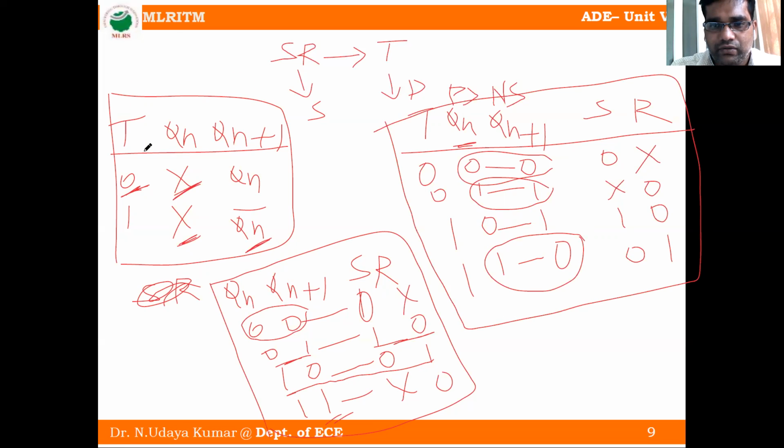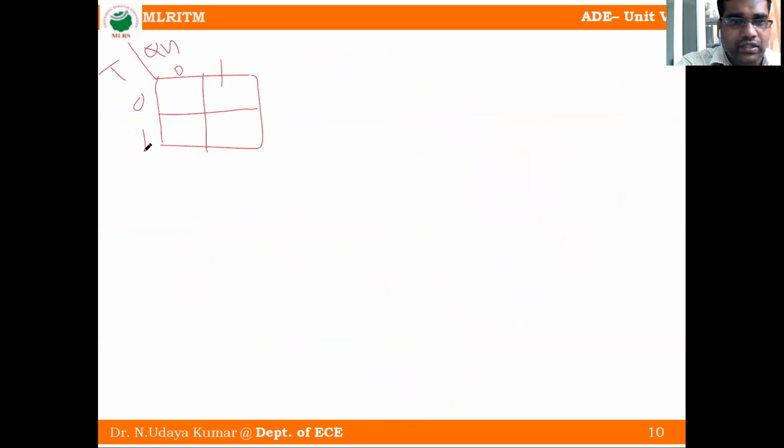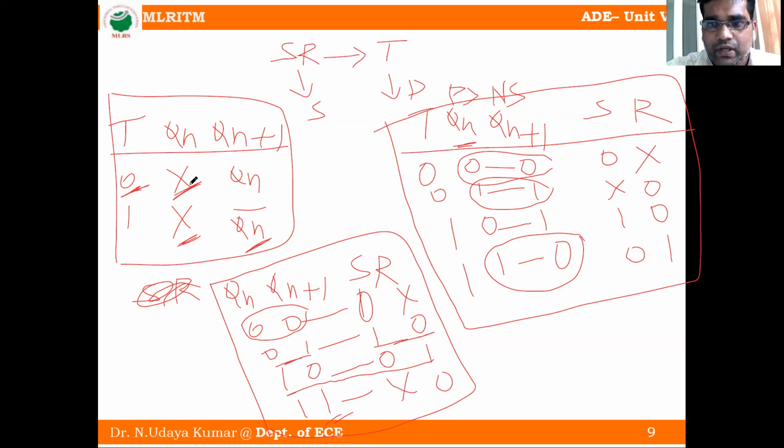Now for S, we get don't care when T is equal to 0 and Qn is equal to 1.